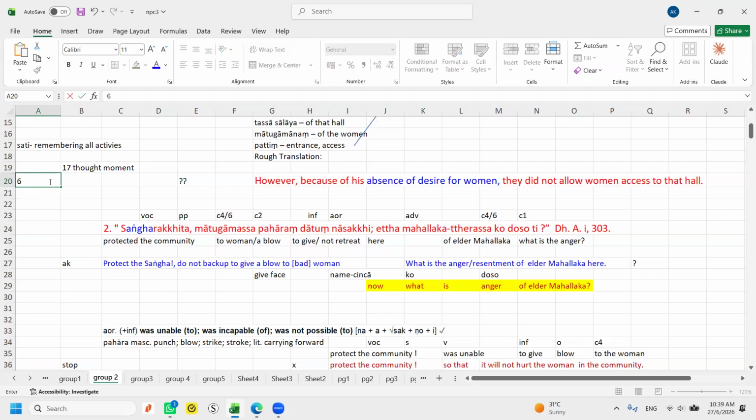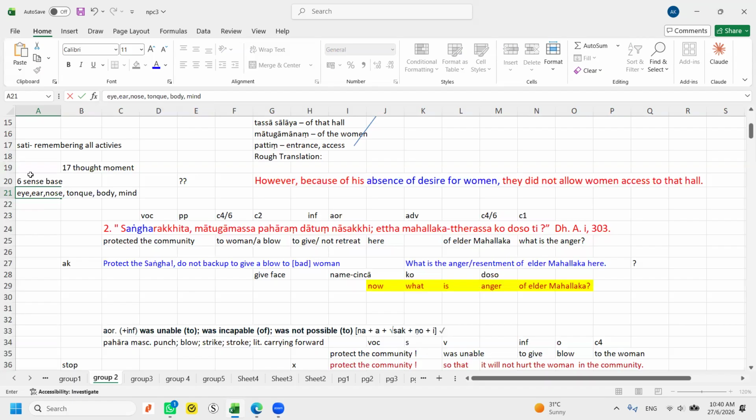So we take the 6 sense bases: the eye, the ear, the nose, the tongue, the body, and the mind.